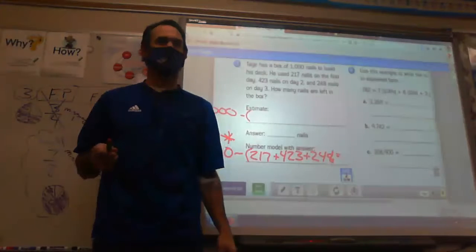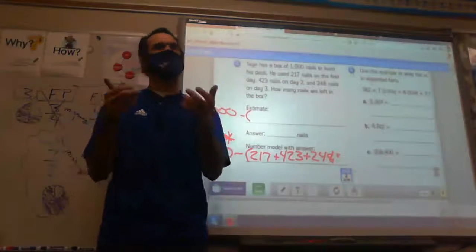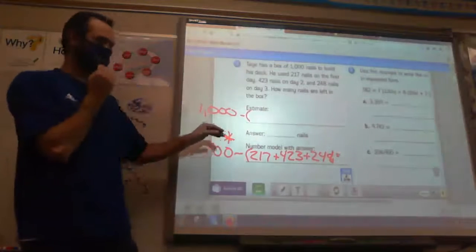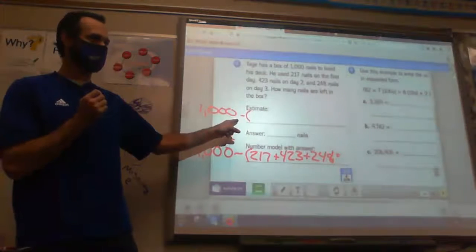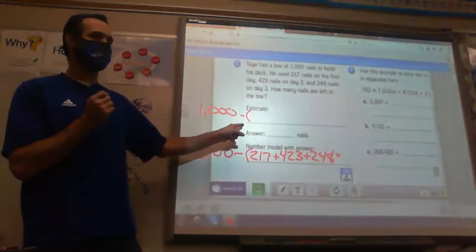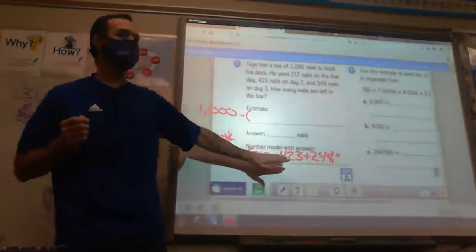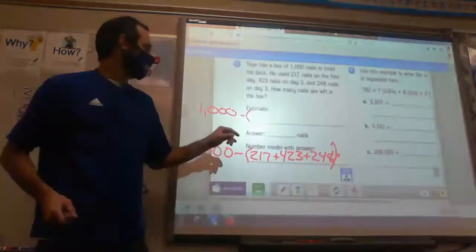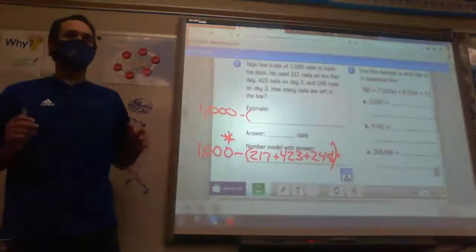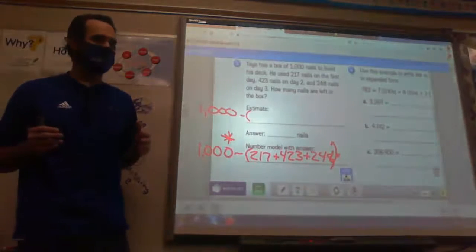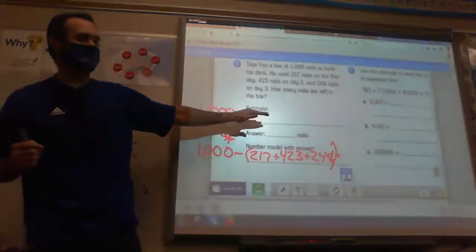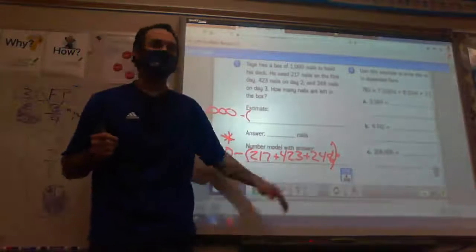You guys understand how to do this? My goal is to someday be able to assign you a problem like this and say, okay, do your number model first. Oh, I forgot to put my parenthesis here. Remember, do your number model, then use that to get your estimate. Do your estimate first and then find your answer.